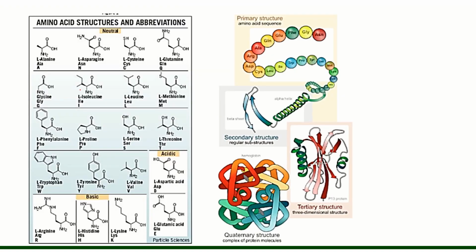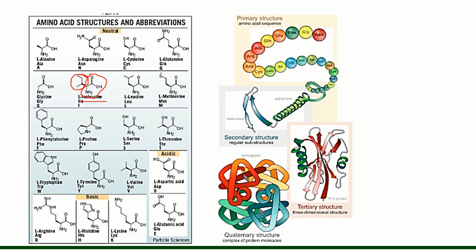You can see here we have the 20 amino acids that we use, and you can see here, for example, in isoleucine, we have an isobutyl group on the amino acid. That is the R group present on isoleucine.